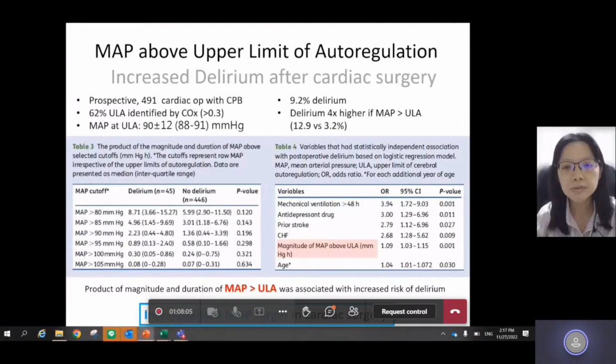And what if we keep our MAP as high as possible? It is also not very good in the cardiac surgery, because hyperperfusion of the brain will increase the delirium after the cardiac surgery. So the MAP above the upper limit of autoregulation is also not suggested. And individualizing the MAP target in the cardiac surgery is very important.